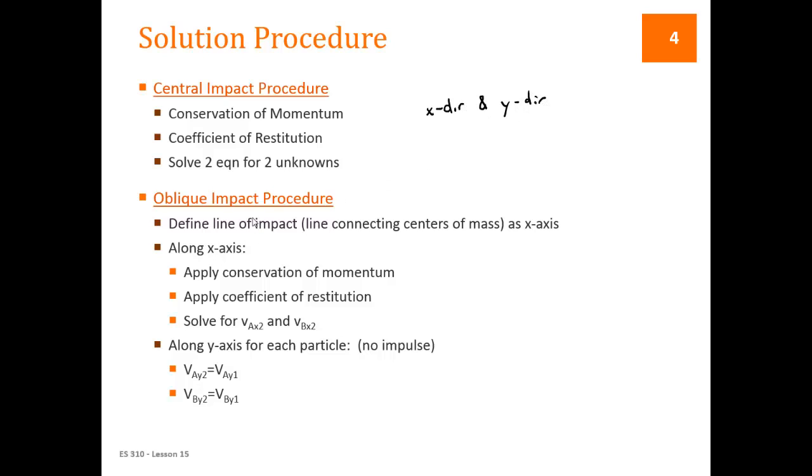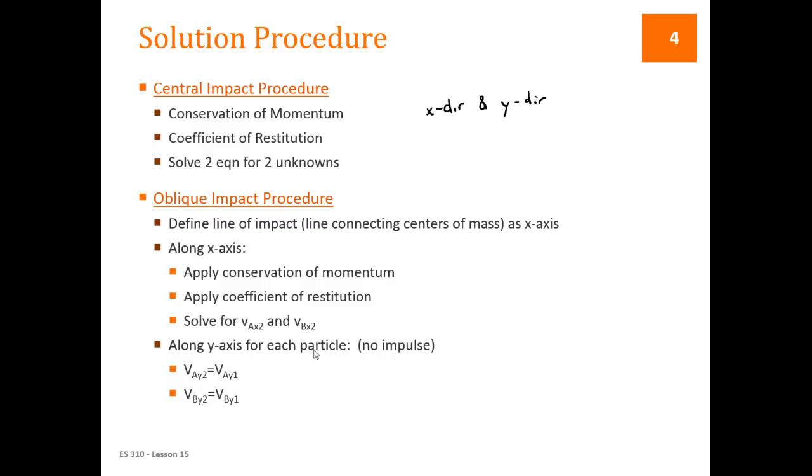In oblique impact, we're going to define the line of impact, the x-axis, as the line connecting the centers of mass. And then we'll look at information along the x-axis and along the y-axis. Along the x-axis, we've got the conservation of momentum and the coefficient of restitution, and we can solve for VAx2, the velocity of A in the x direction after impact, and the velocity of B in the x direction after impact.